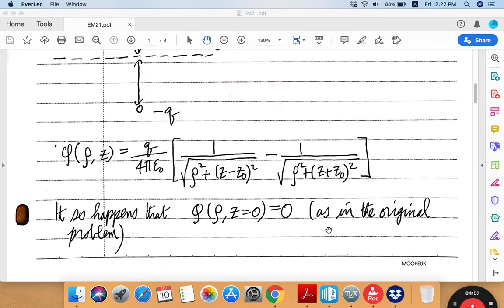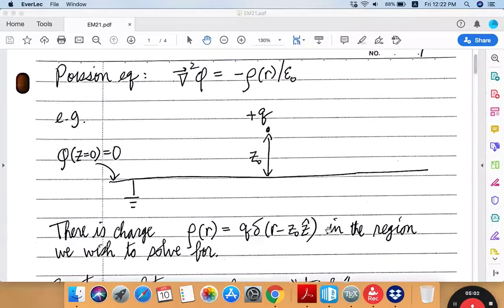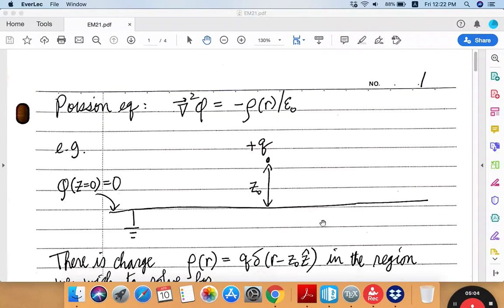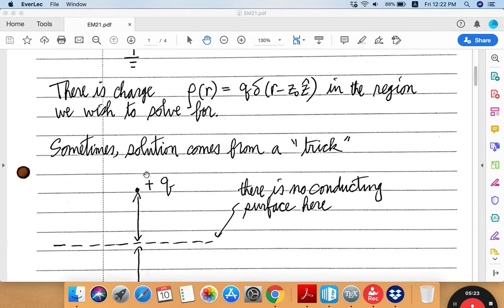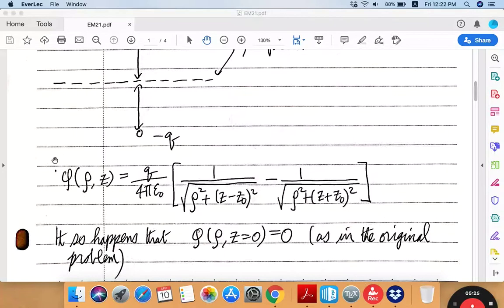Now, that just happens to be exactly the same requirement as the original problem that we wanted to consider here. The boundary condition for this problem was that the potential be uniformly equal to zero on this z equal to zero plane. And by coincidence, that condition happens to be exactly satisfied by the potential due to a dipole.